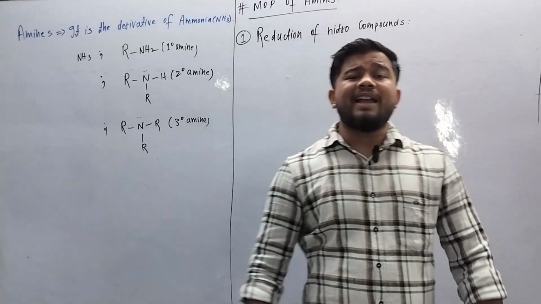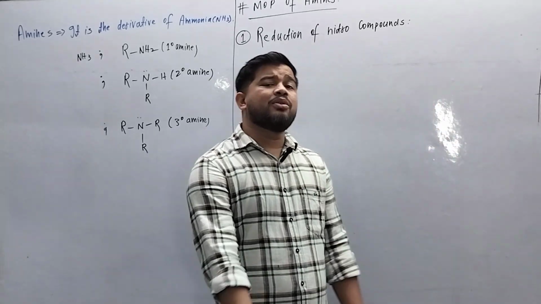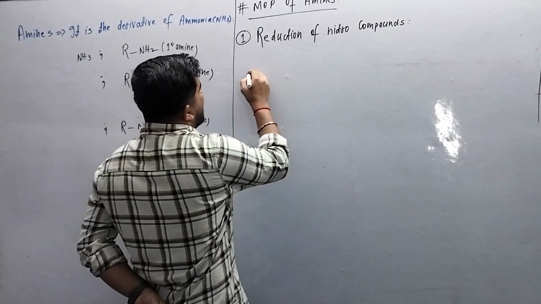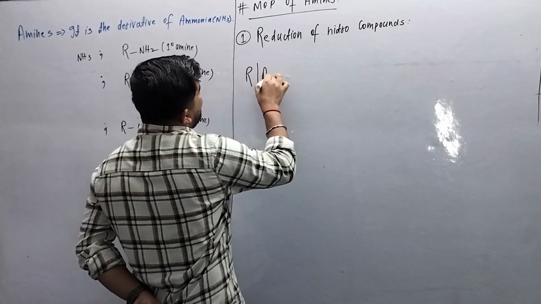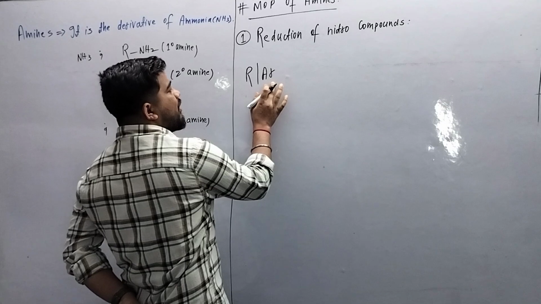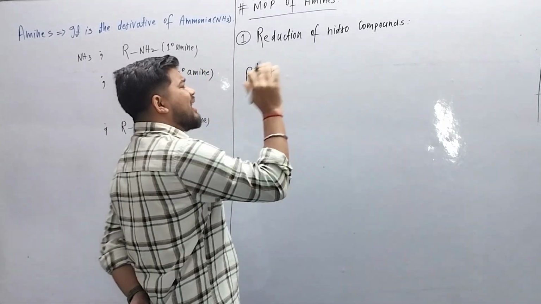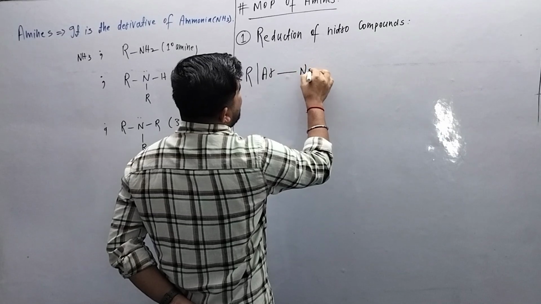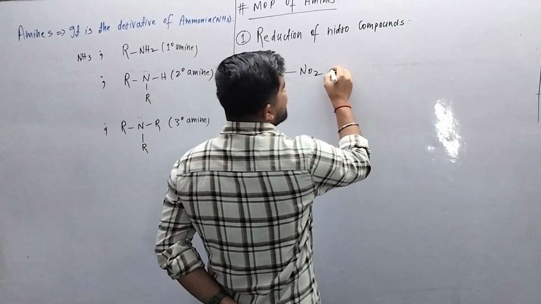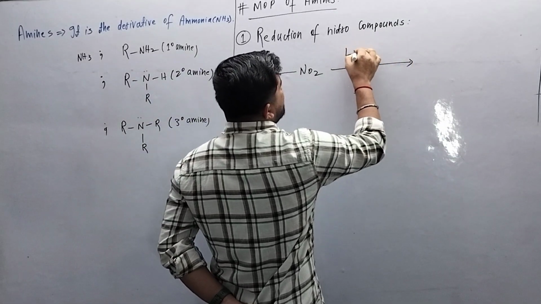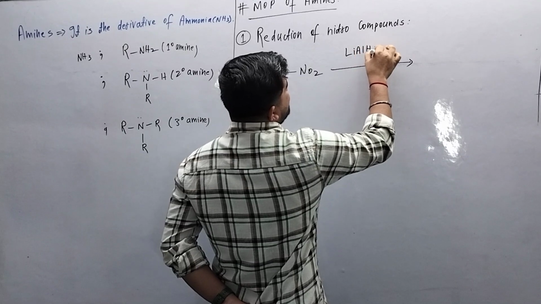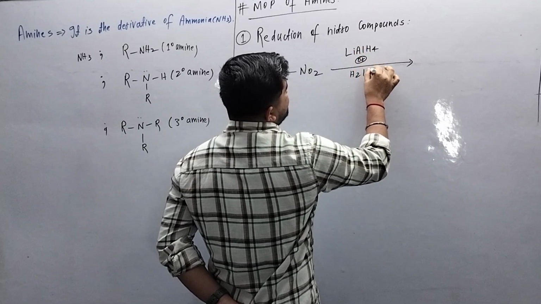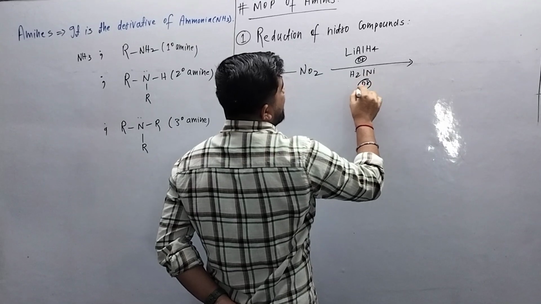Nitro compound either containing alkyl group or phenyl group, or you can say alkyl or aryl, is reacted with lithium aluminum hydride, LiAlH4, or H2/Ni, or metal plus acid.